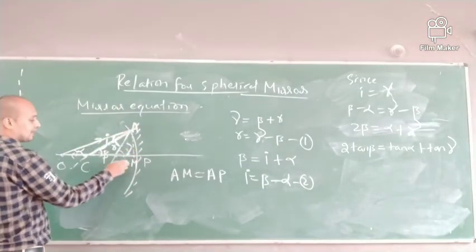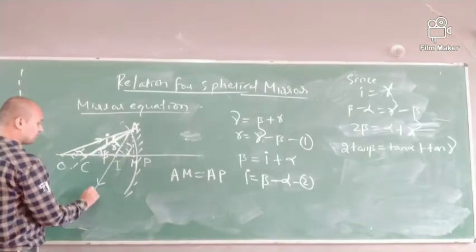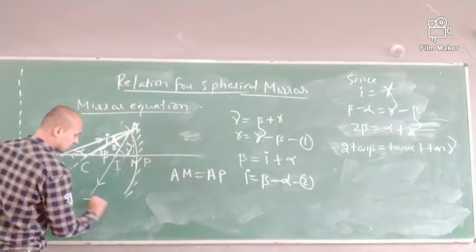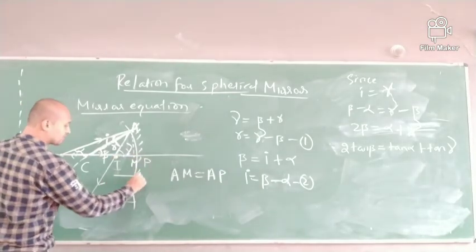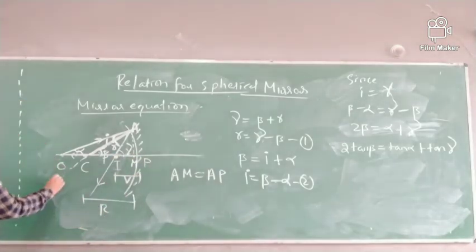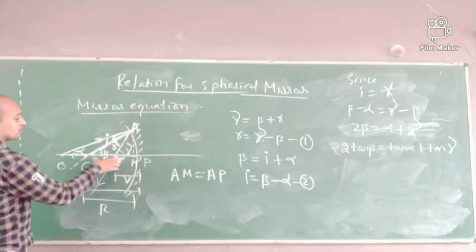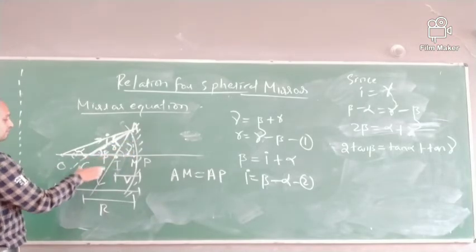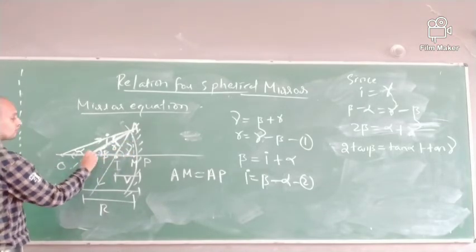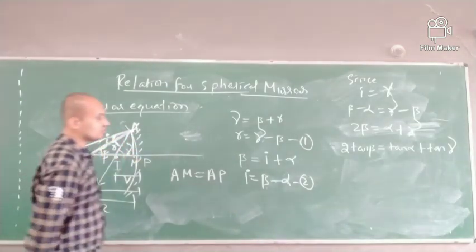See from this triangle, let's say from the pole the center of curvature is at distance r, the image is at distance v, and the object is at distance u. So here I can write this equation. Tan beta means, from this triangle, AM by CM.